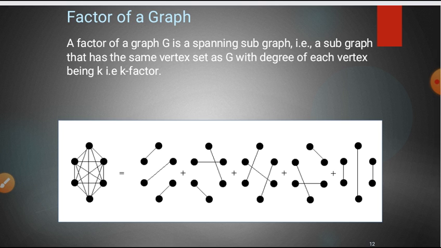A factor of a graph G is a spanning subgraph, that is, a subgraph that has the same vertex set as G, with the degree of each vertex being k, that is a k factor. So in this diagram there are a total of 6 vertices present, but if we try to put only 1 degree for all the vertices, it means you can join only 2 vertices at a time.